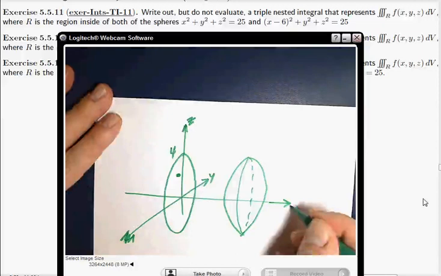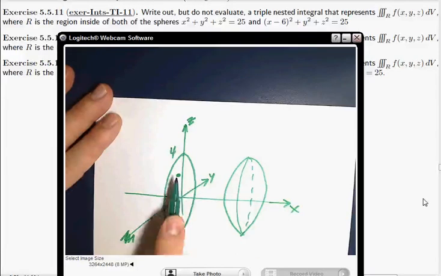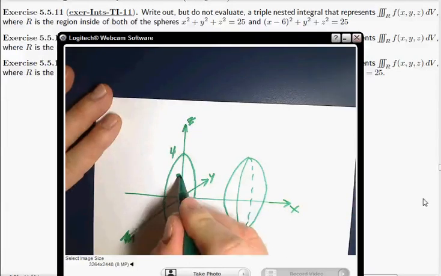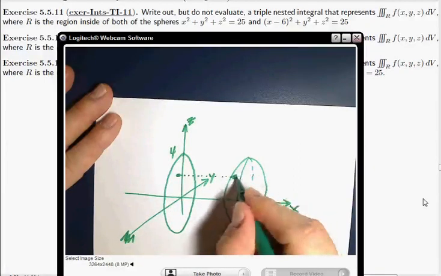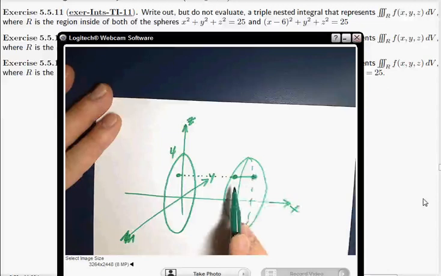So I want to know what is x for given y and z. In other words, I need to solve for x on these two different spheres.